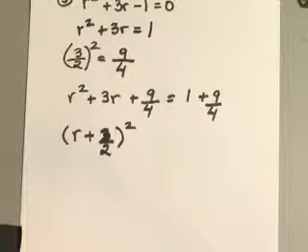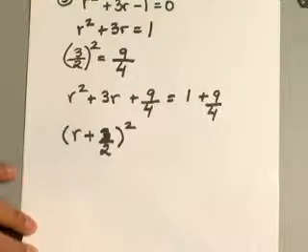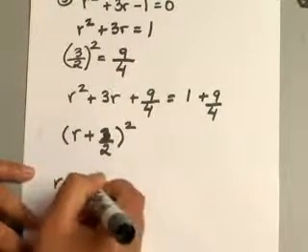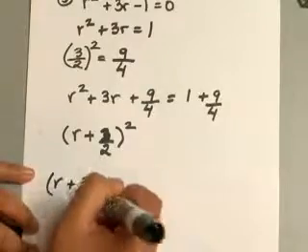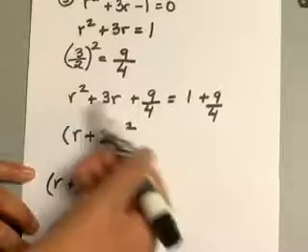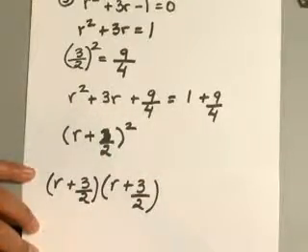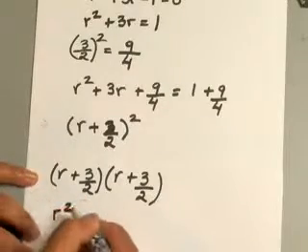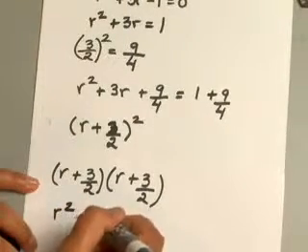Okay, again, if you are not sure that this is going to work for us, we can try and verify this answer. And let's see what will happen when we try to FOIL these. Okay, so let's say we have r plus 3/2 times r plus 3/2, and let's see if we come back to this original expression here.